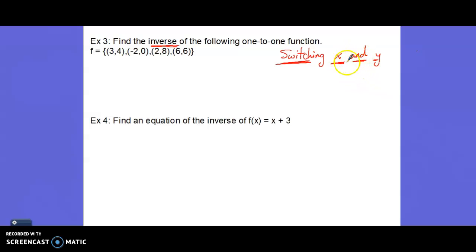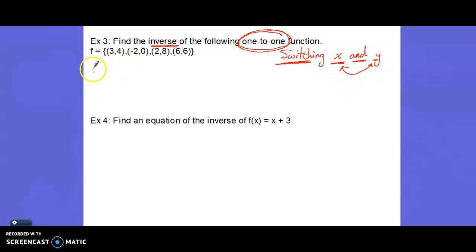So that's why we need to have a one-to-one function. Because imagine for a second that we switched X and Y around, but the Y's repeat. Well, now the X's would repeat. And therefore, the function would not be a function. It would fail the vertical line test.